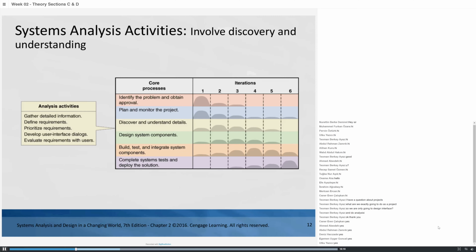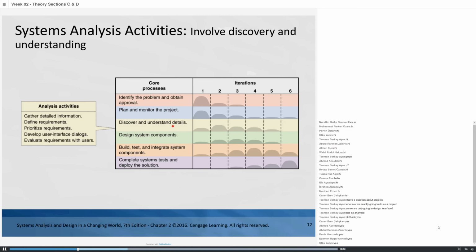Here in the callout on the left-hand side are the activities of the third core process, which is discover and understand details. This core process also goes by the name system analysis. Our course is mostly dedicated to system analysis, then design part with human-computer interaction practices.